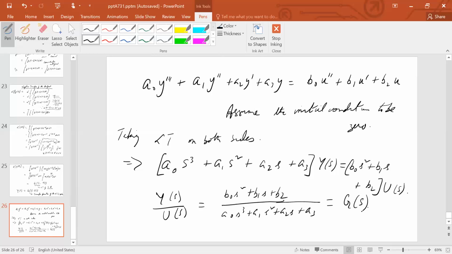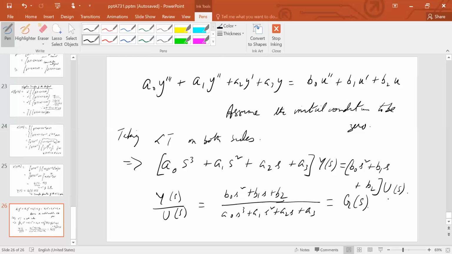What is an impulse response? An impulse response is that output which is obtained when the input is an impulse. So therefore your u has to be the impulse. If u is an impulse function, then what is U(s)?